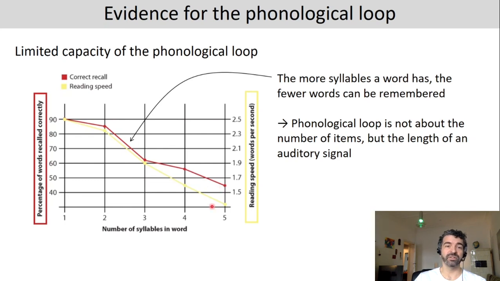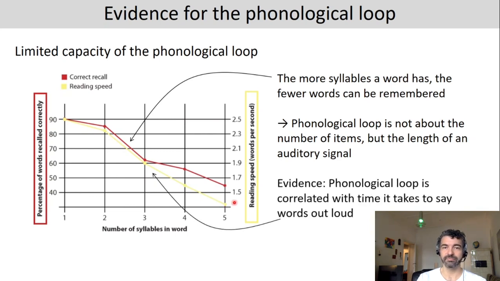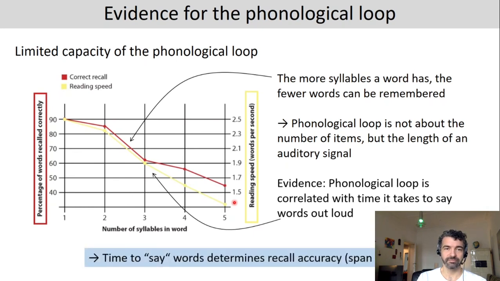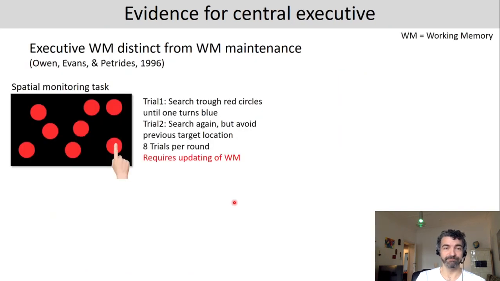And this is actually very clearly correlated with the reading speed, so how long it takes you to say the word. And this led to the calculation of around 2 seconds of length for the phonological loop to last. So anything you can say in 2 seconds, you can store in short-term or in working memory.